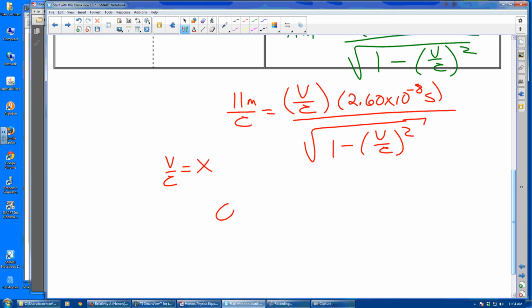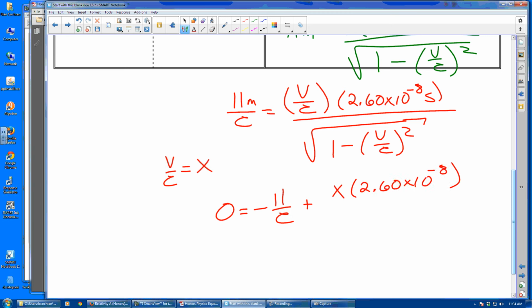So to get it ready for my calculator, I've got to do it so that the TI can understand it. And I'm going to work with the lowest level TI, which means it has to equal 0. So I'm going to do two things. I'm going to say V over C equals X. That's the first thing. And I'm going to have to set it equal to 0. So I'm going to get 0 equals negative 11 over C, because I've got to move that to the other side, plus X times 2.60 times 10 to the minus 8.